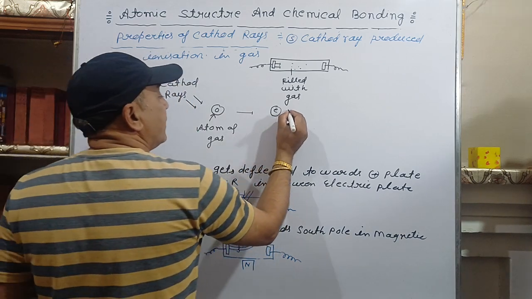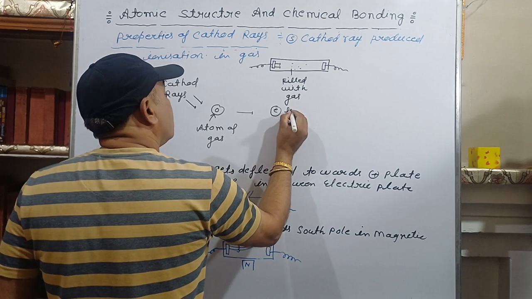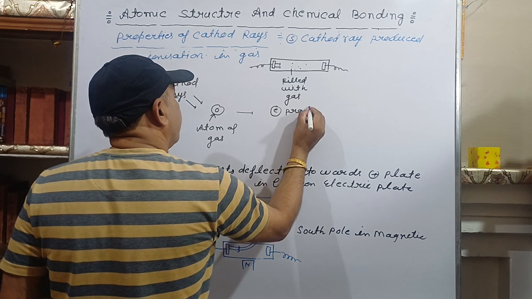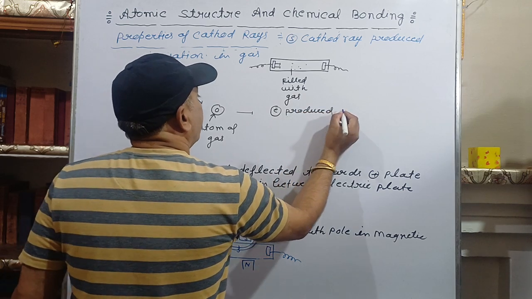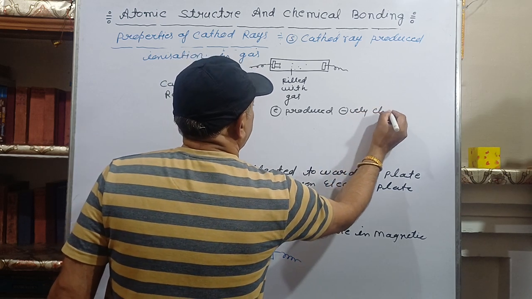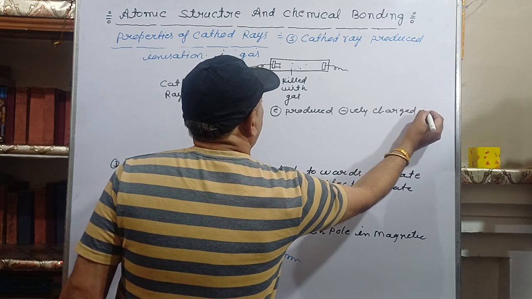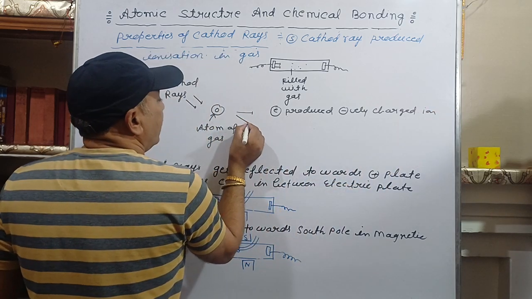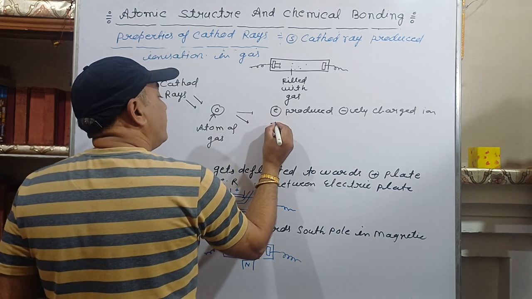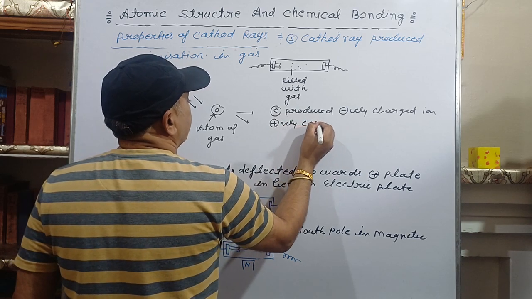These negatively charged electrons form negatively charged ions, and the other part of the atom produces positively charged ions.